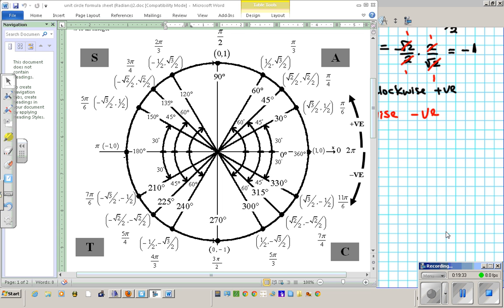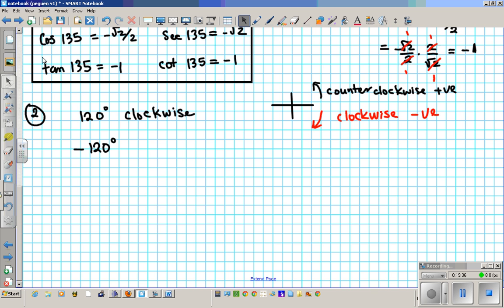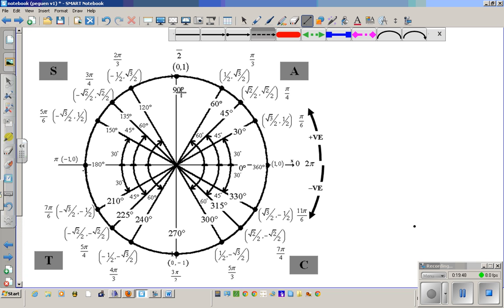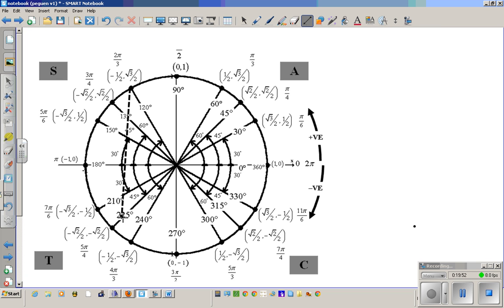Okay, so let me show you using the unit circle what I'm talking about. So this is 120. This is the positive one. So the negative one is what you do when you just reflect the positive straight down. Okay? A negative reflection is if it's up, it goes down. If it's down, you go up. So this is 120.